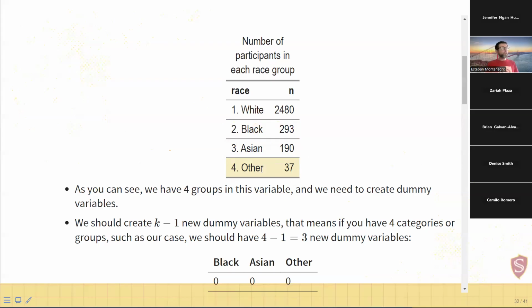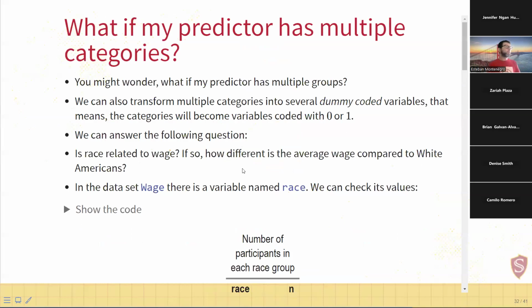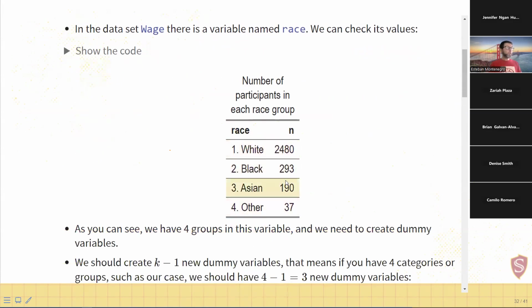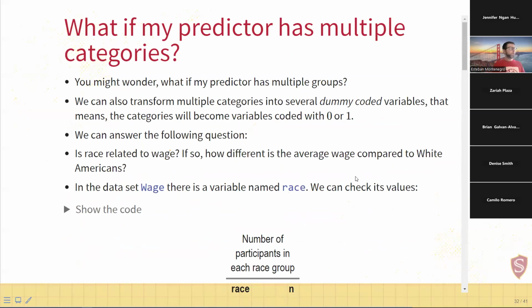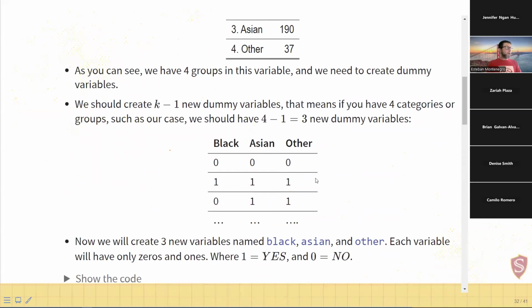So what should we do? Well, we should do something that we call dummy coding. We are going to transform this variable into three new dummy coded columns or variables in our dataset. And this is how it looks.